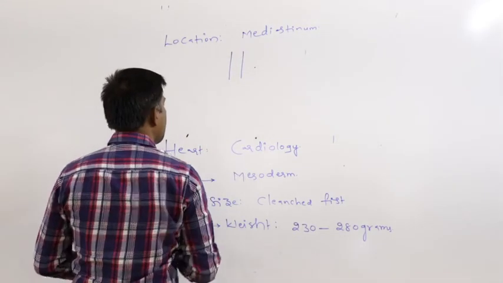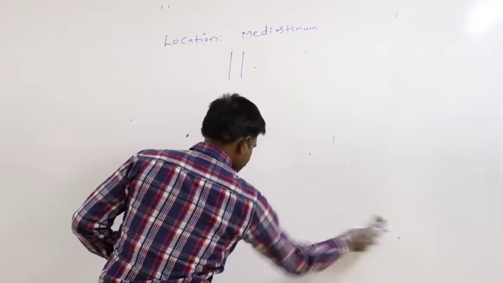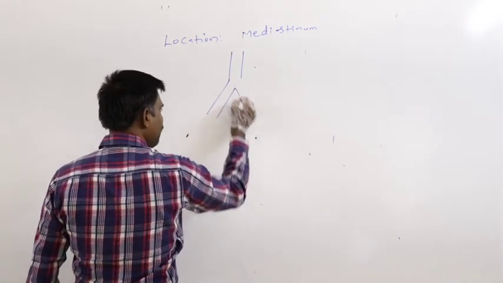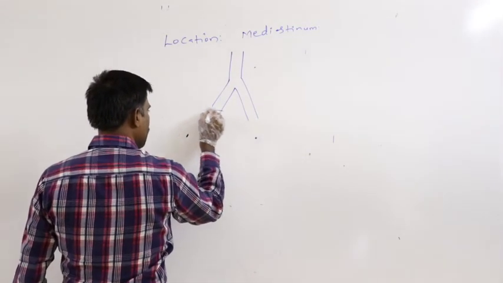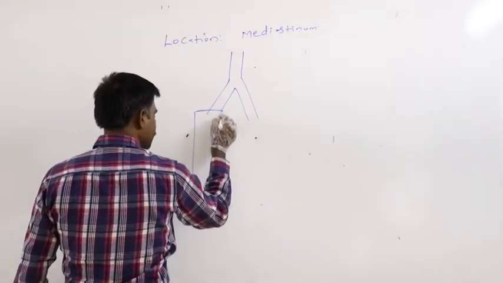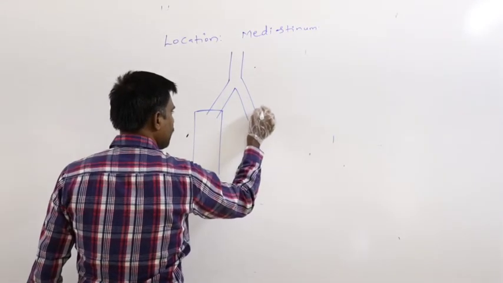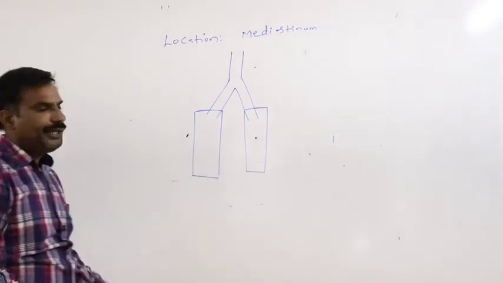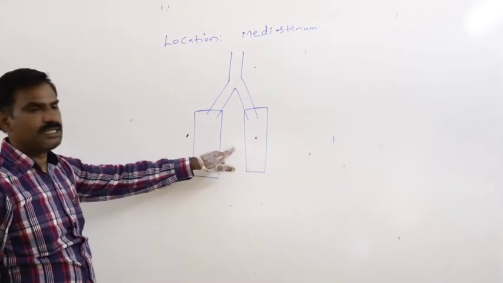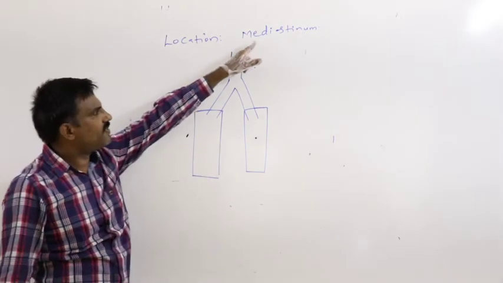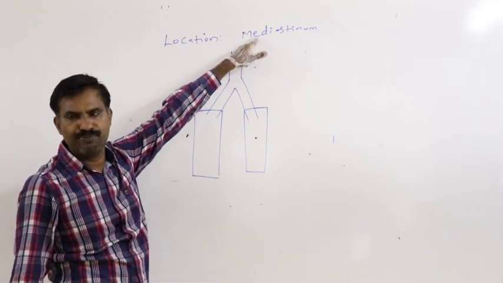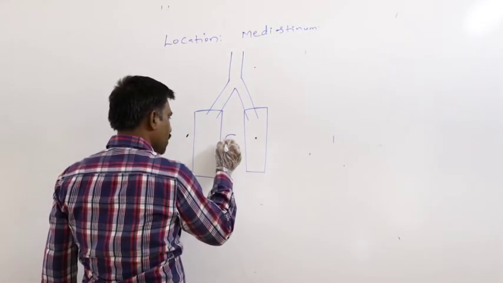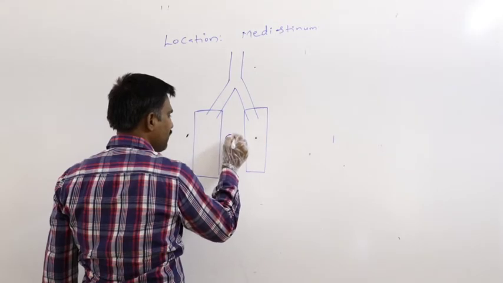Just assume this is the trachea, this is the lung of this side, and this is the lung of this side. Whatever space is present between these two is the mediastinum. In the mediastinum, the four-chambered heart is present.